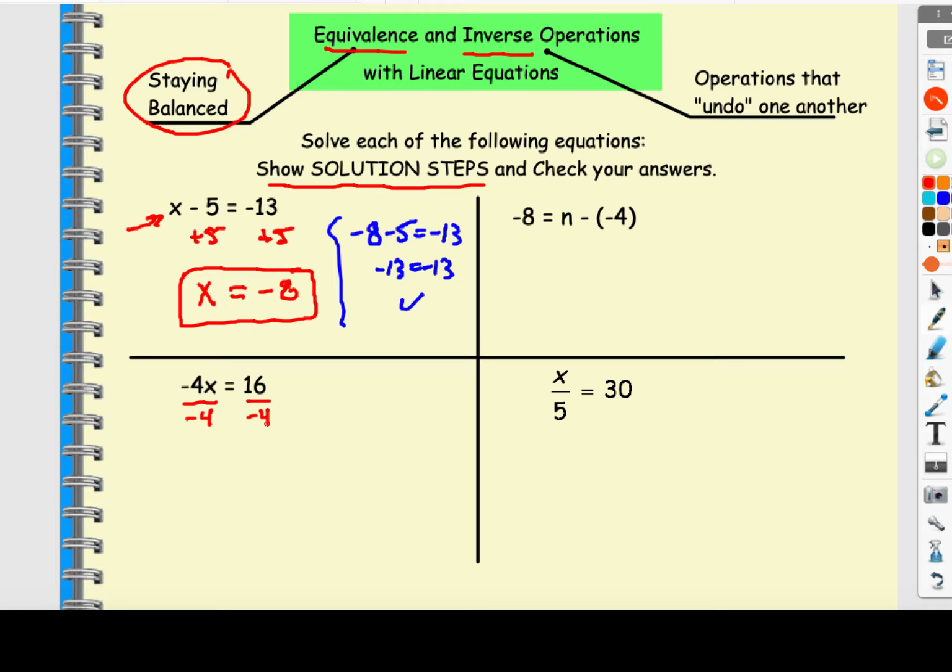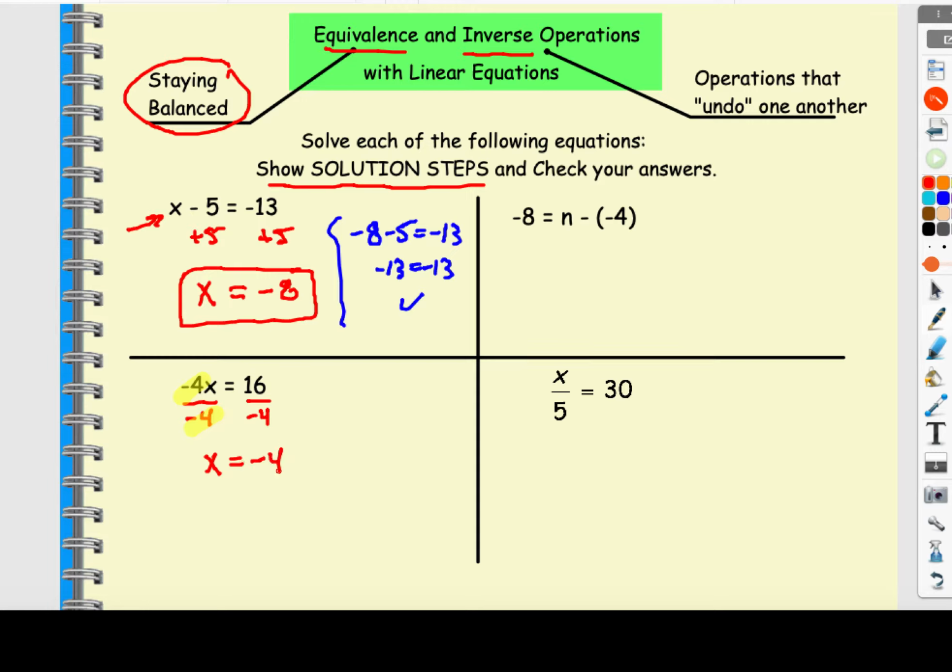The negative 4's cancel each other away, and you can slash them away, which leaves me with just x on the left and 16 divided by negative 4. Don't forget to carry that equal sign down. 16 divided by negative 4 is negative 4.